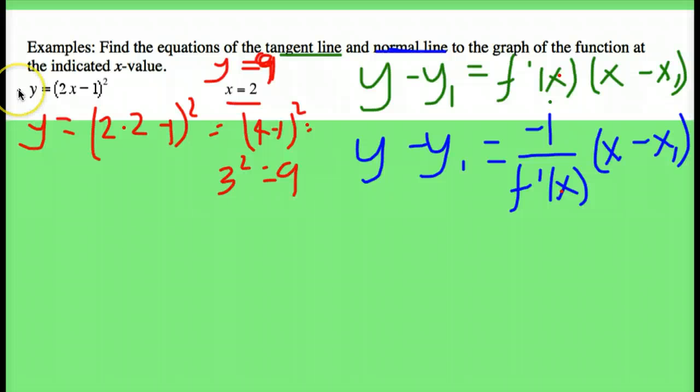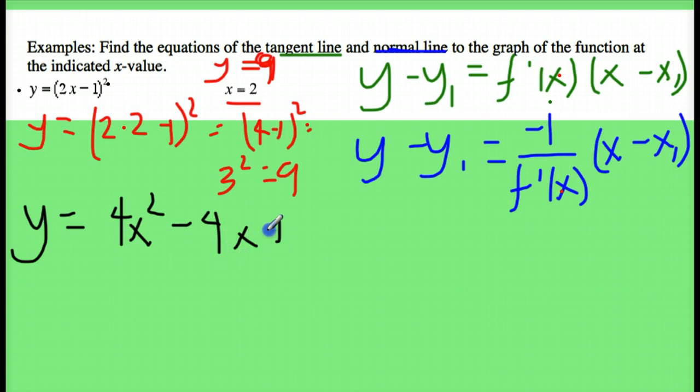So if I take a look at this problem, as of right now, I don't really know how to take the derivative of that, but the one thing I can do is distribute so I can expand this function. So if I rewrite this, I get y is equal to 4x squared minus 4x plus 1, right?